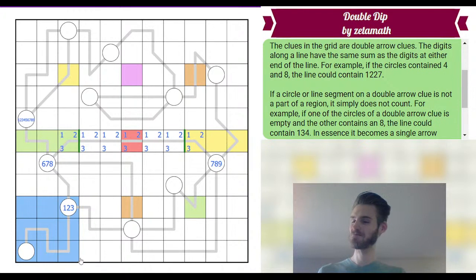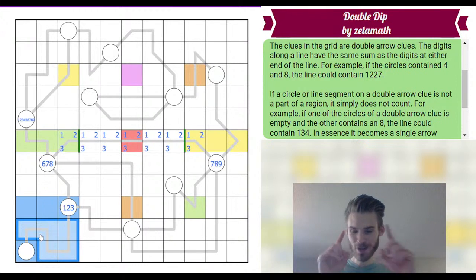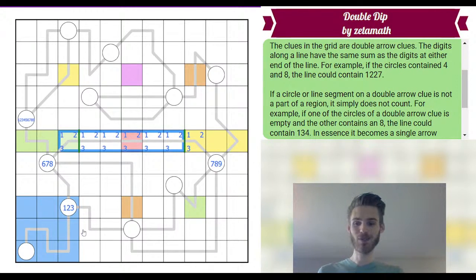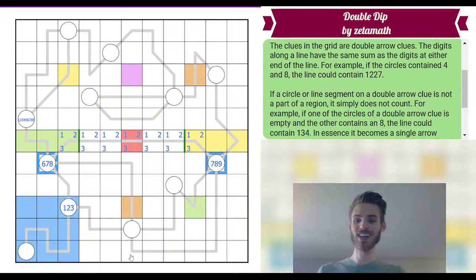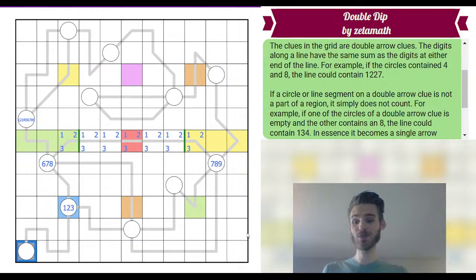And this is big alarm bells in my brain, because remember from before, we looked at these 5 cells. What does that add up to? At least 15. So that would mean that these two cells are a lot like these two cells in that they have to be 6, 7, 8, and 9. But this one's 1, 2, 3. So that's not going to work. So this one is actually not in a region.